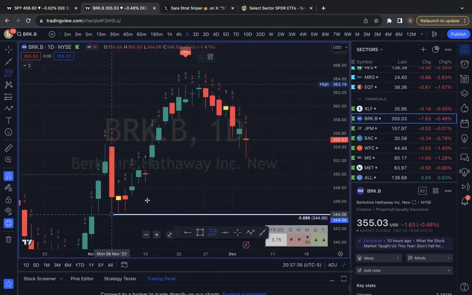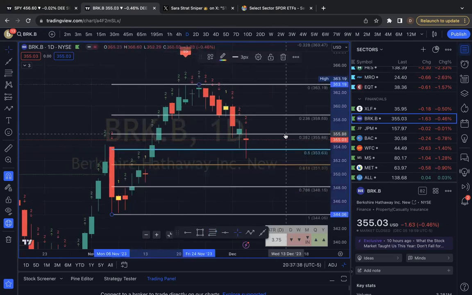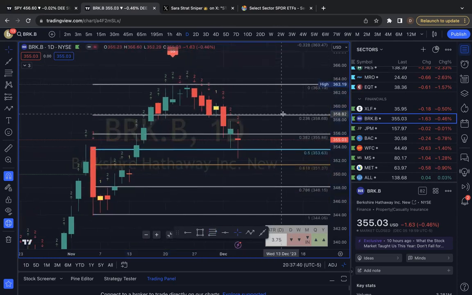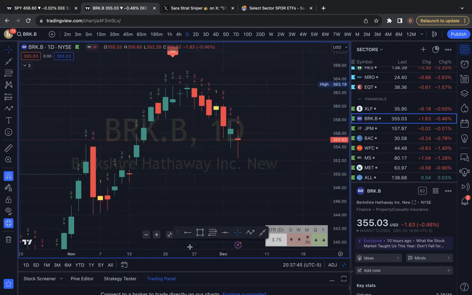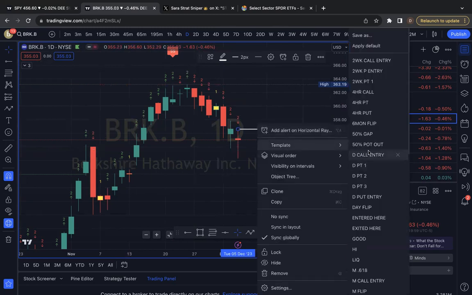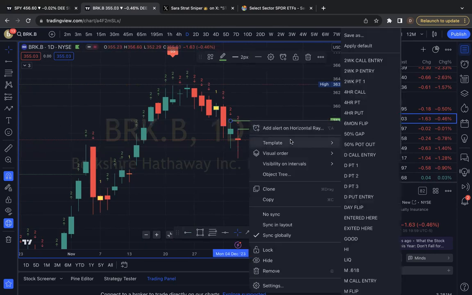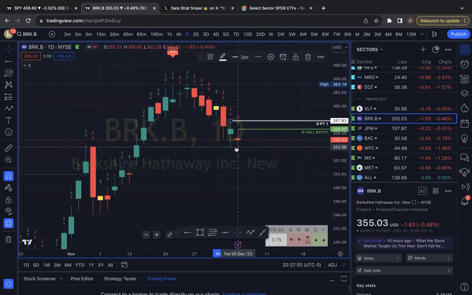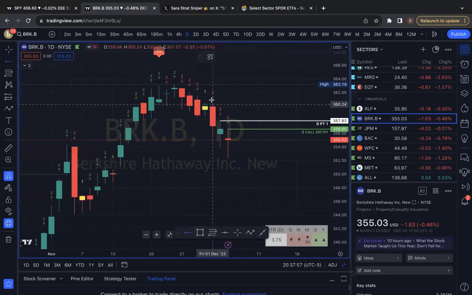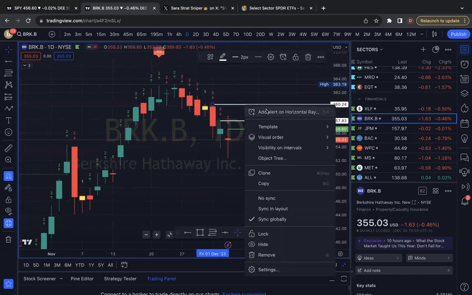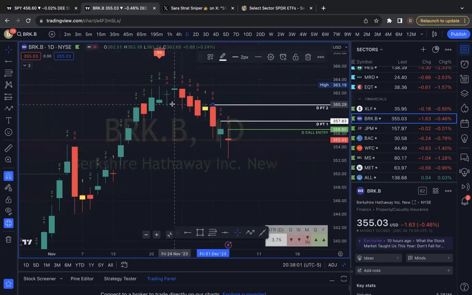Let me see something real quick. So same thing. Get rid of this. Same thing. Call entry here. Price target there. And if you want to leave runners, then you can look at the other price targets.